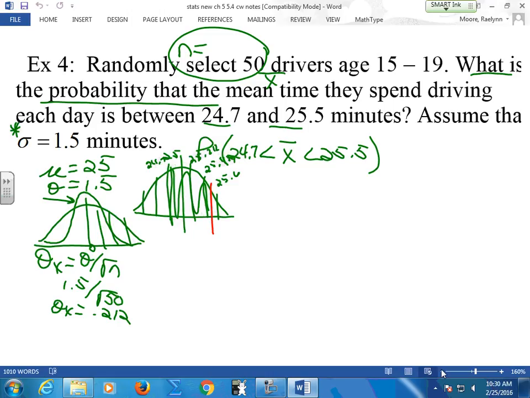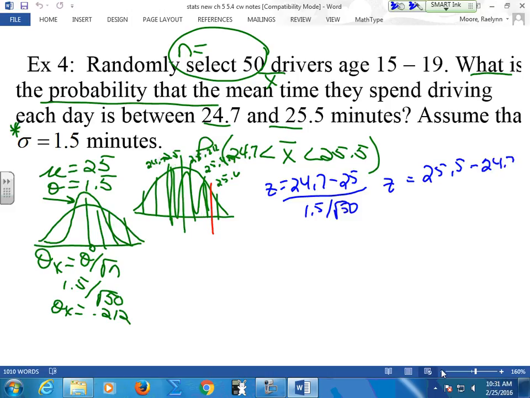So what you're going to do now, and we can do this on your calculator, I'll do it on your calculator as well, is you're going to find your z-score for both of these. You're going to find your z-score, you're going to find your areas, and then you're going to subtract your areas.